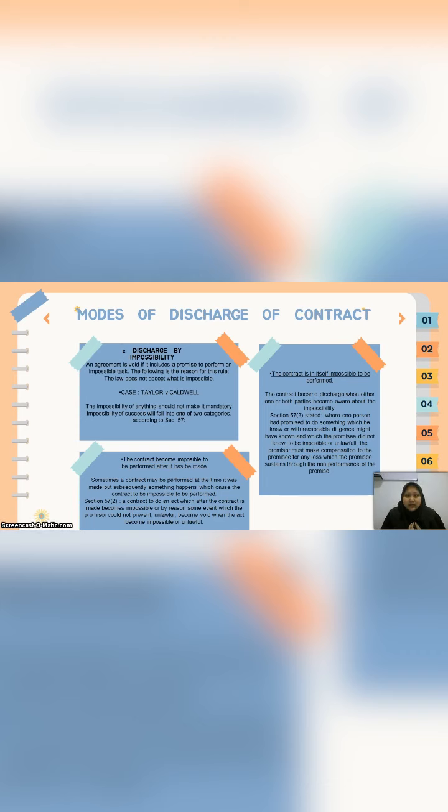The first is where the contract is in itself impossible to be performed. The contract becomes discharged when either one or both parties become aware of the impossibility.